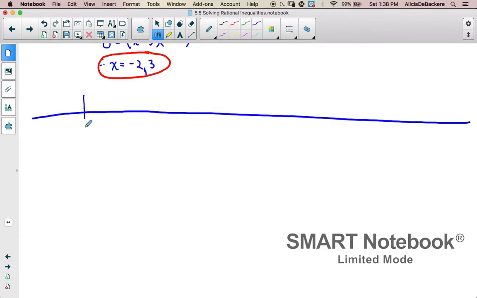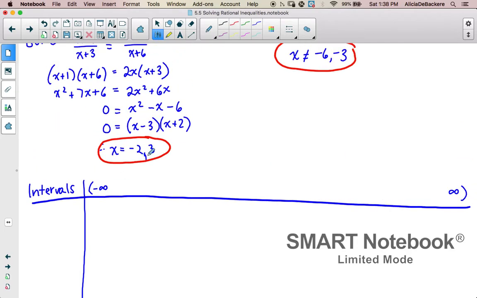Across the top of my chart, I'm going to write out all my intervals. My intervals are always going to start at negative infinity, and they're always going to end at positive infinity. And then I'm just listing out the numbers to start and end each interval, in order from smallest to biggest. So -6 is my smallest. It ends this interval and starts the next. Then the next biggest is -3.